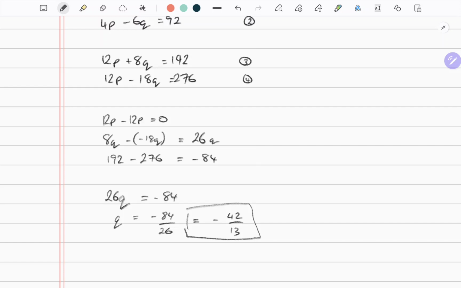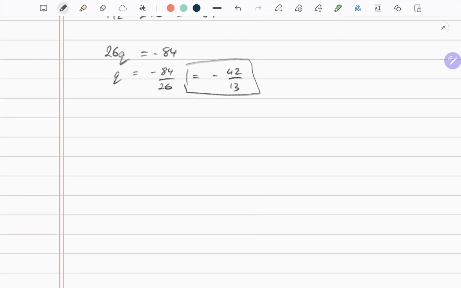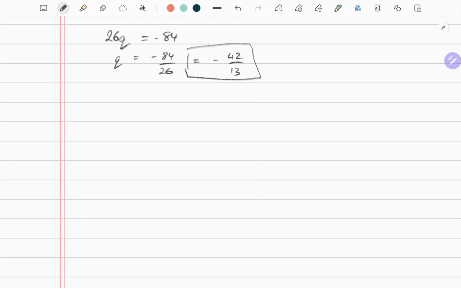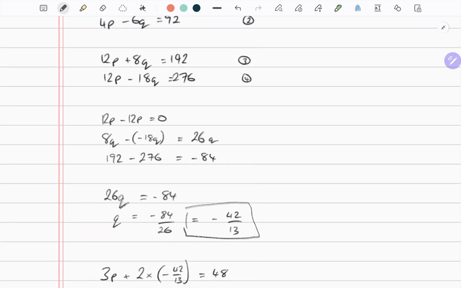Now that we have a value for q, we can plug that into either of the equations. Let's just use the first one. So 3p plus 2 multiplied by that new value for q, and it was equal to 48 if we remember rightly.